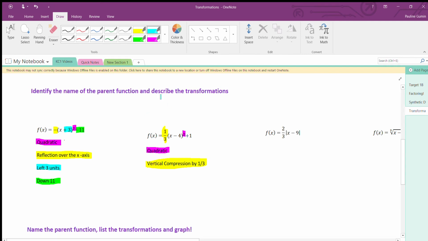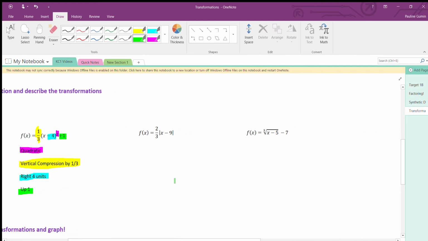Next we have a -4 in here. For us, that means right 4 units. I don't know why I typed a 2. My fingers just decided to do their own thing. And lastly, I see a +1, which is up 1.